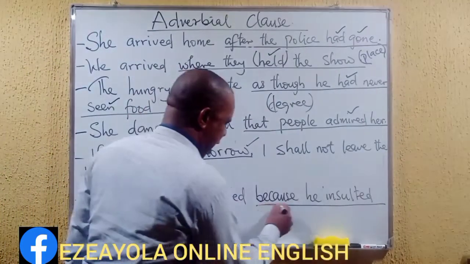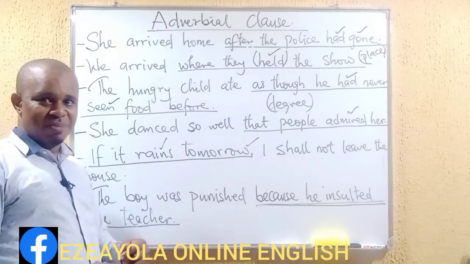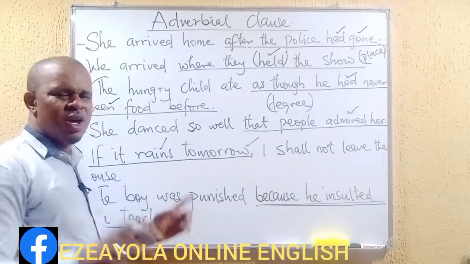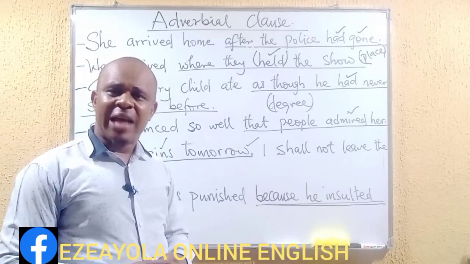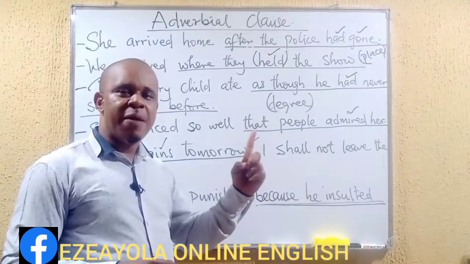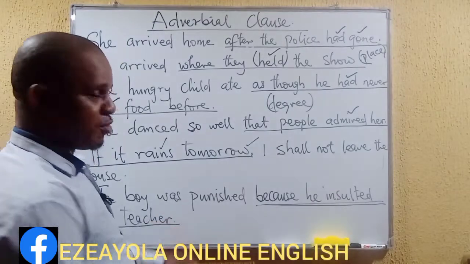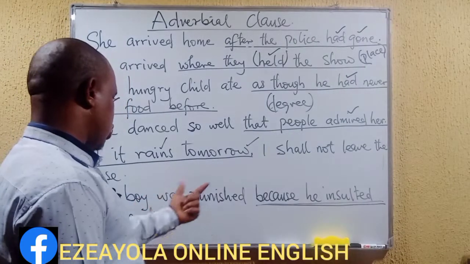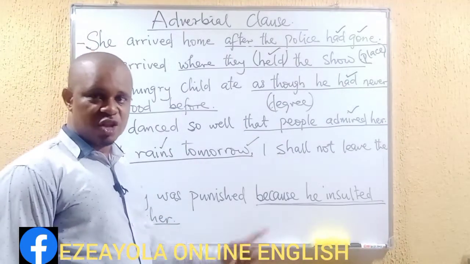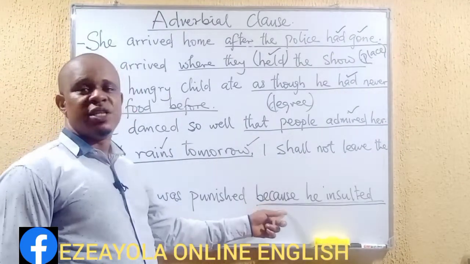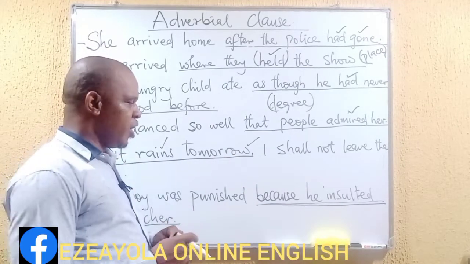So, if you are asked what grammatical name could be given to the underlined expression, we tell the examiner that on confidence, it is an adverbial clause of condition. Reason rather, please. The boy was punished. Why? Because he insulted the teacher. Not condition, please. We have condition elsewhere, but here we have an adverbial clause of reason, the reason for which the boy was punished.